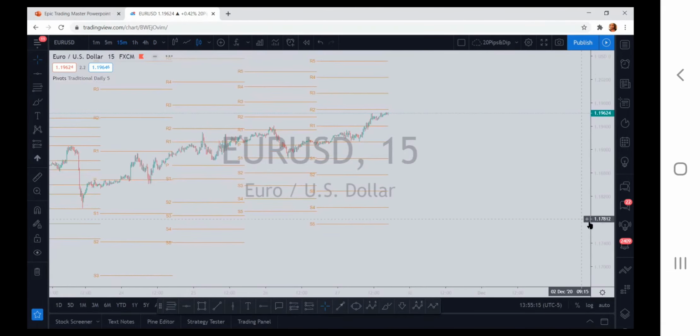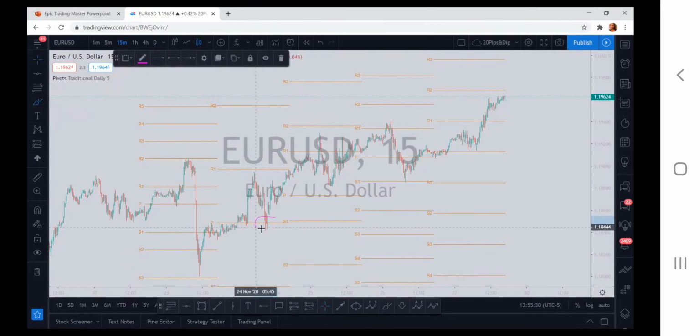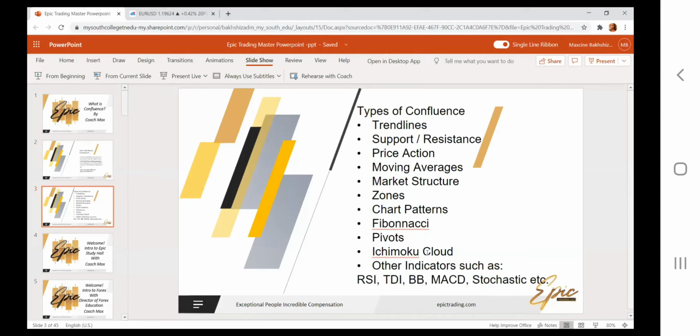Pivots might be something that you need to see in order to take your trade. So this is the pivot point. Then you have resistance 1, 2, 3, 4, 5, support 1, 2, 3, 4, 5. So you might need to see price return to a pivot level in order to take a trade, right? Maybe you won't trade if you don't see price return to a pivot level. That might be your areas of confluence.